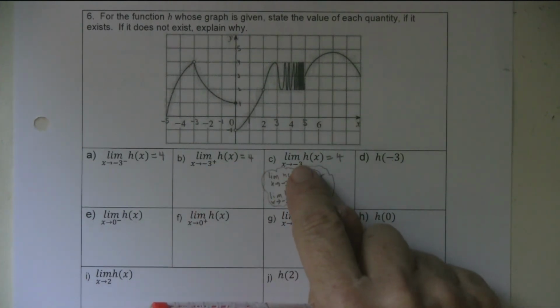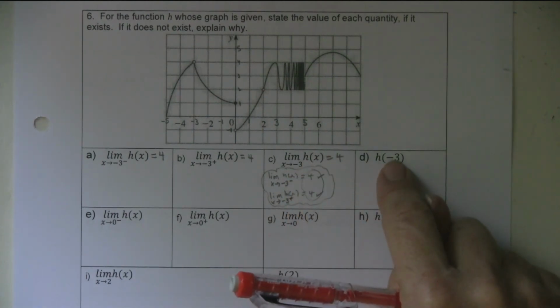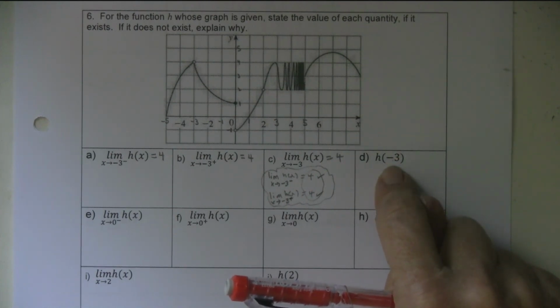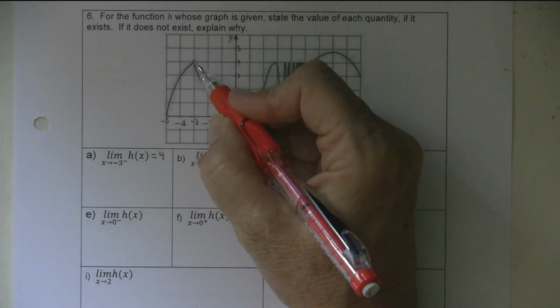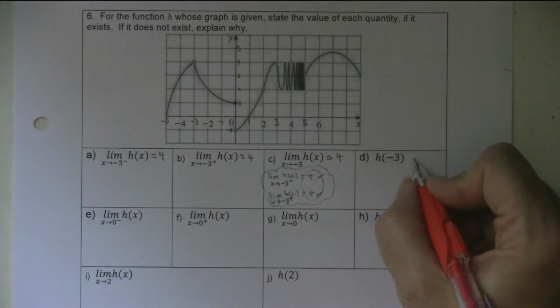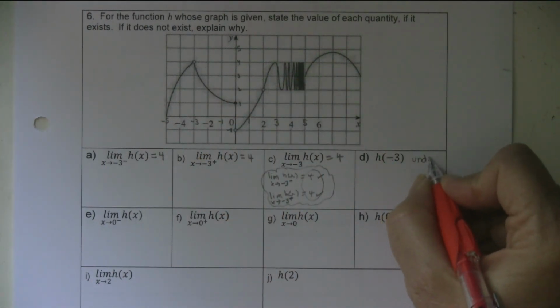This is saying look at both sides being really close. This is saying don't look at what happens on the left, don't look at what happens on the right, look only at exactly -3. And when I look at exactly -3, I notice it's open, and so that is undefined.